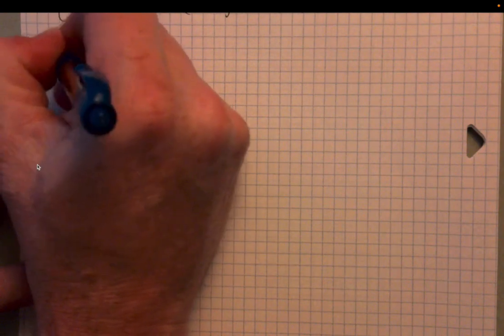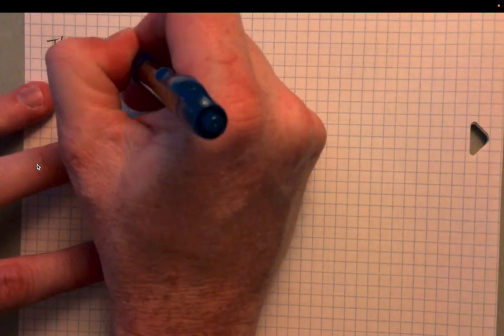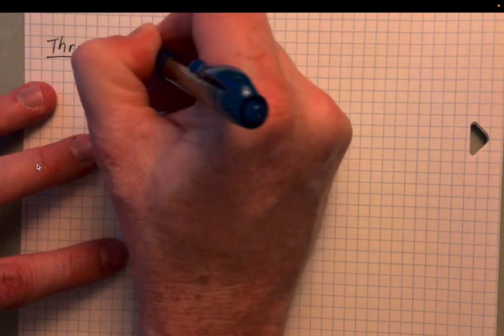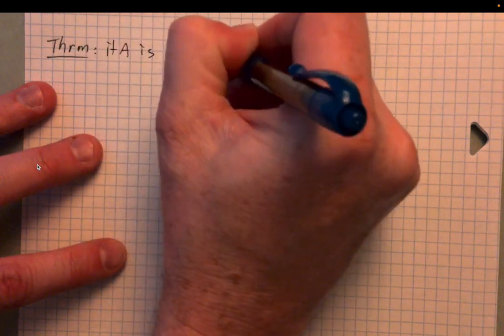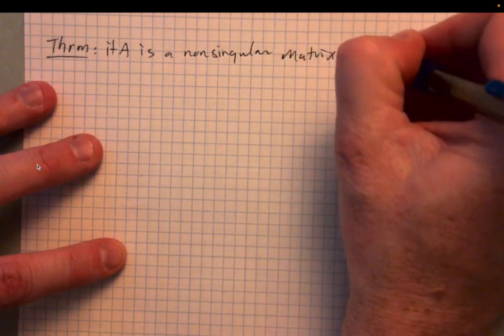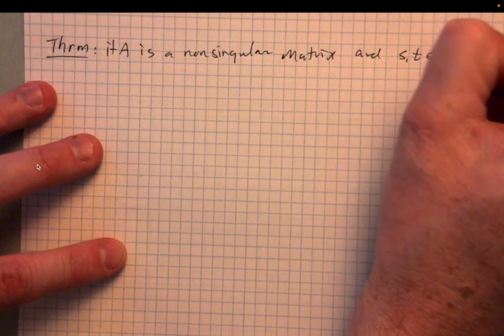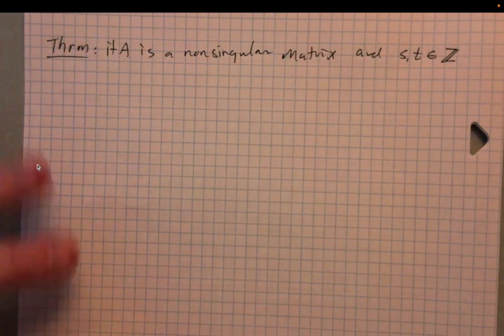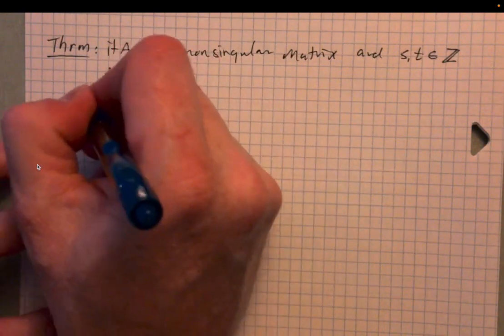We previously had a theorem about exponents on matrices where we were able to look only at positive integer exponents. Now we can extend that theorem to all integers, right? So here's the theorem. If A is a non-singular matrix and S and T are any integers, then two things.